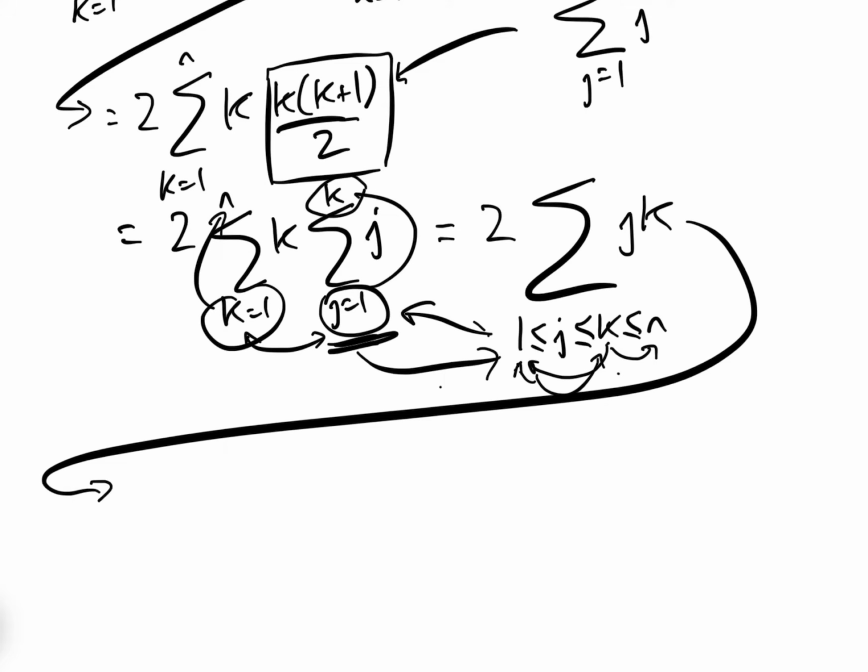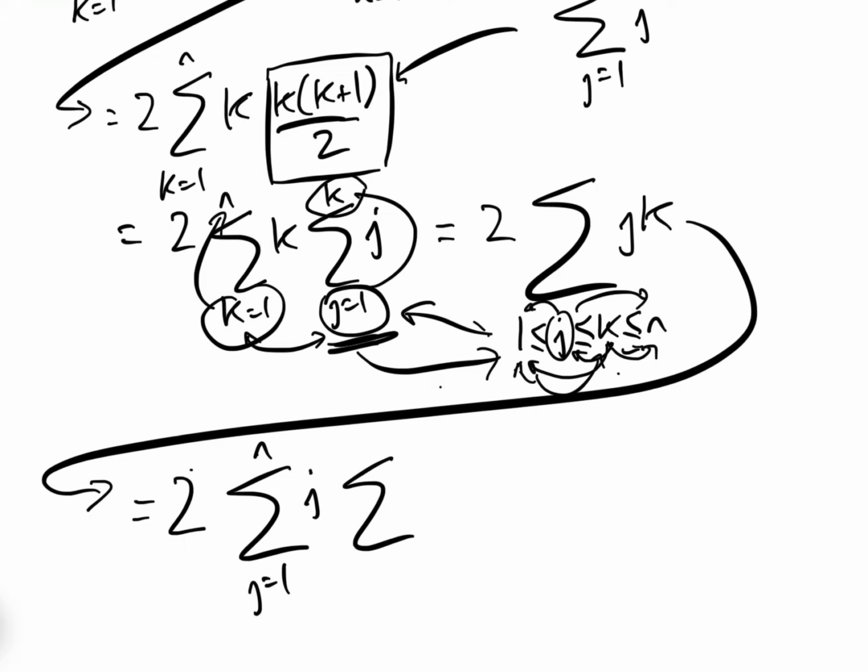And another way of rewriting that is 2 times the sum of j from j equals 1 to n, because we know that j goes from 1 to n. Well, if j is going from 1 to n, then k must go from j to n. That will be the sum of k from k equals j to n.